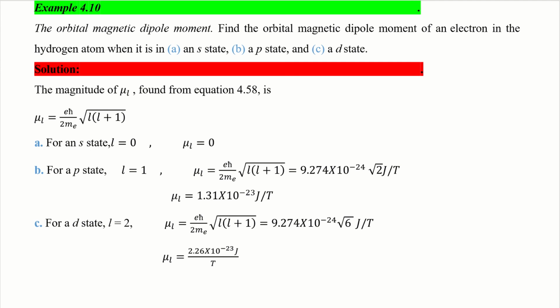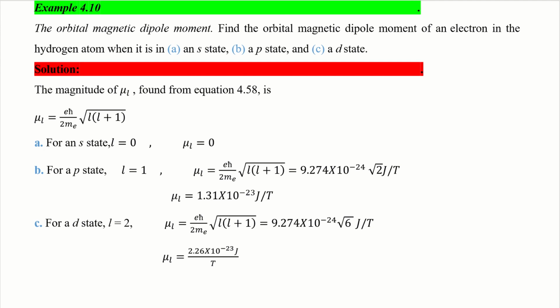Therefore, by substituting this value in the above equation, mu sub L is equal to 9.27 multiplied by 10 to the power minus 24 times the square root of 2 joule per Tesla, and it's equal to 1.31 multiplied by 10 to the power minus 23 joule per Tesla.